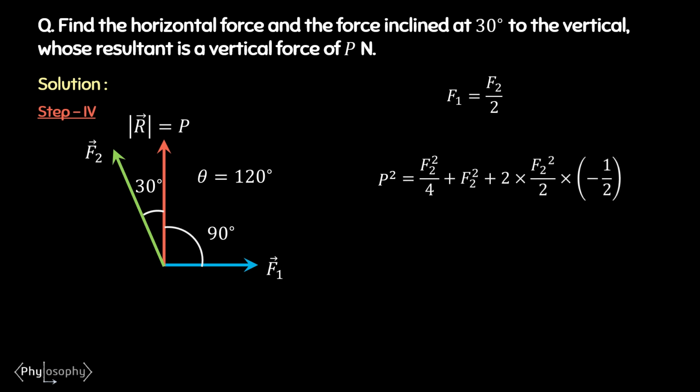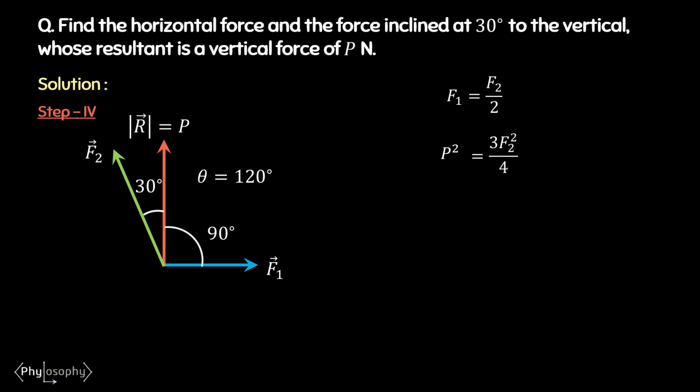Therefore we can write P squared equals F2 squared over 4 plus F2 squared plus 2 times F2 squared over 2 times minus half, or this gives 5 F2 squared over 4 minus F2 squared over 2. Therefore P squared is 3 F2 squared over 4, or we can write F2 squared equals 4P squared over 3, or F2 equals 2P over square root of 3.